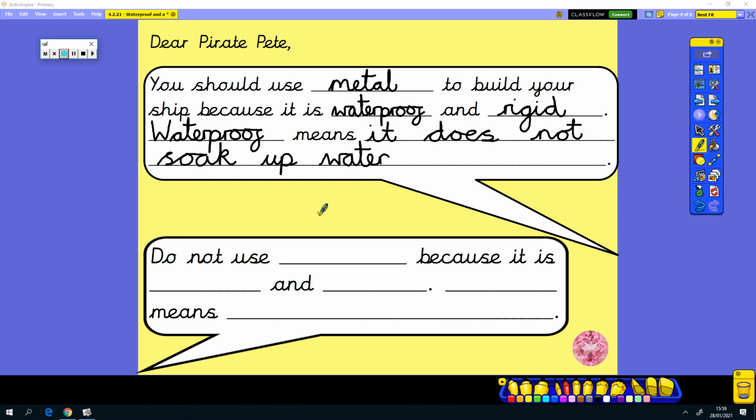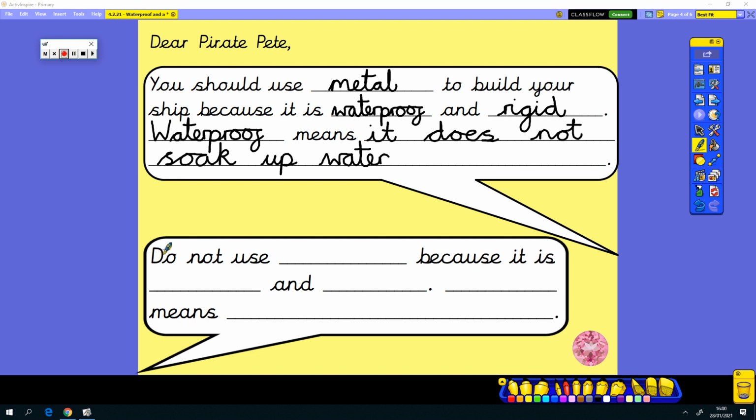So, when you are telling Pirate Pete what he should use, the material that he could build his ship out of, tell me 2 properties of why he should use that material. And then explain what waterproof means, just in case Pirate Pete isn't as scientific as us.